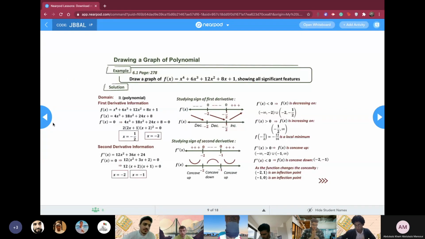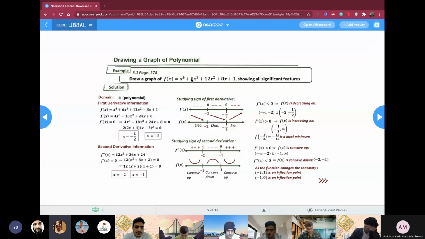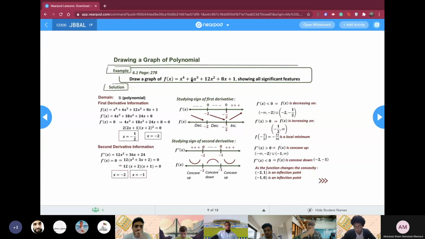First of all, the first step to solve that question is we have to find all significant features. First, we have to find the first derivative information for that function. Who can help me with finding the first derivative? Raise your hand, please. f prime of x will equal 4x to the power of 3 plus 18x squared plus 24x plus 8.